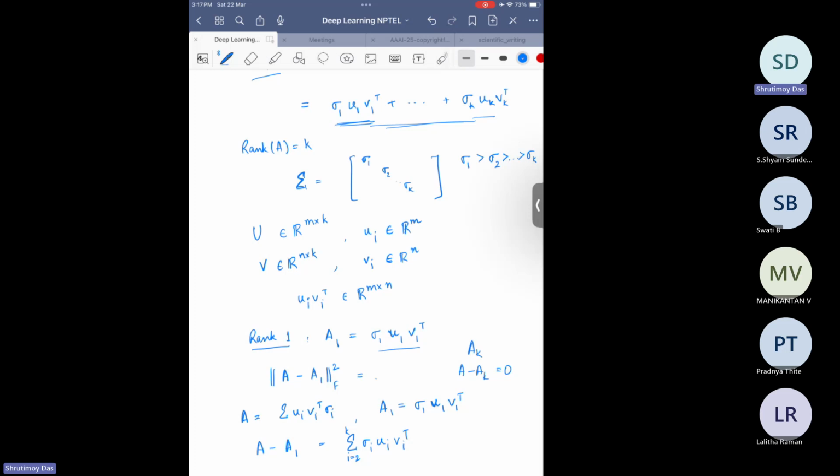So when we say a low rank approximation, we want a matrix of the same dimensions, but the information content need not be the same as the information in the full matrix. That is what we mean by low rank approximation. When I say low rank, I mean when I'm taking only A1, say rank 1.